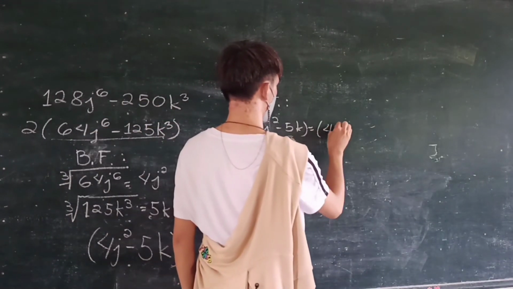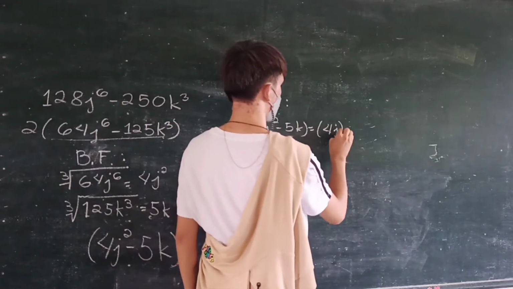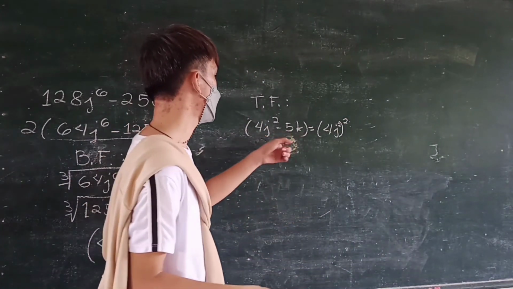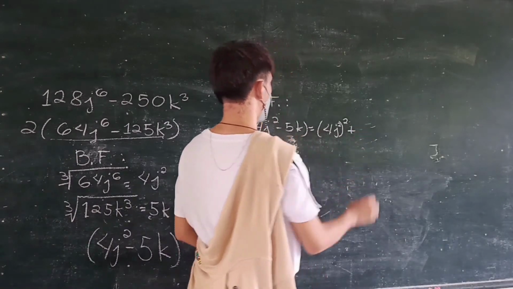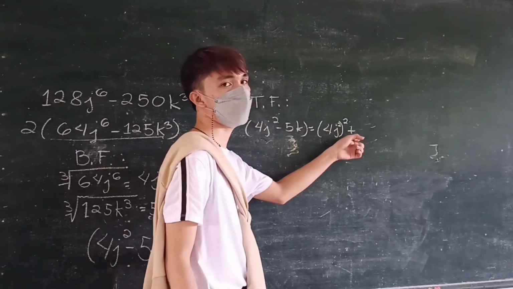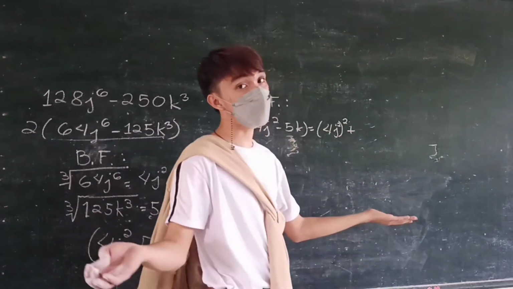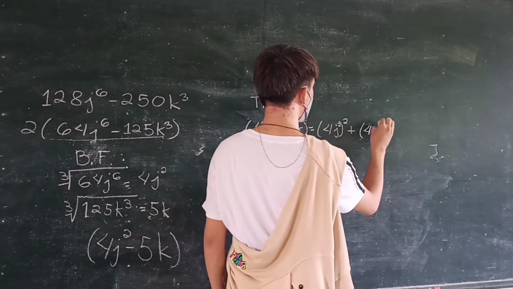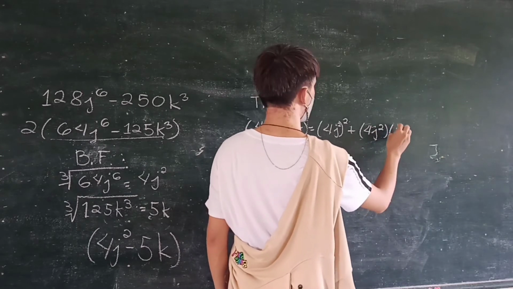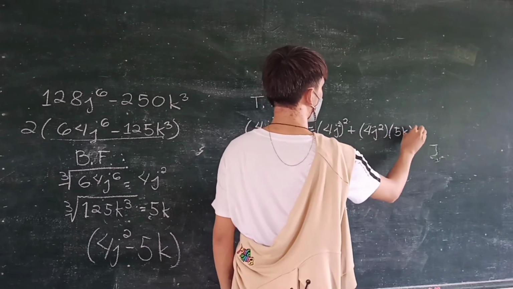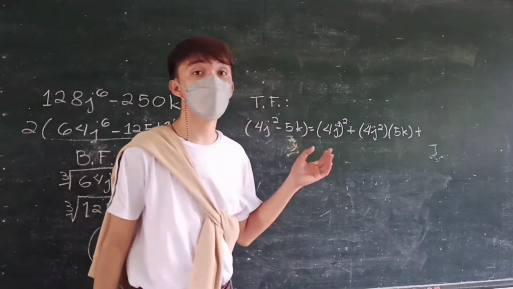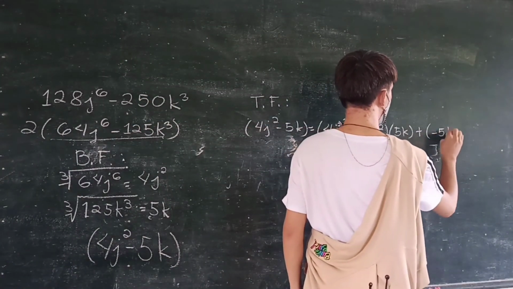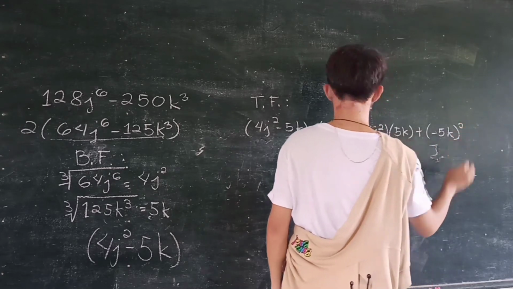We have 4j squared squared. Then the product of the terms contained in the binomial factor. Since it's negative, we have positive here, still according to the pattern. So we have 4j squared times 5k. And the last one is the square of the last term. So we have negative 5k squared.